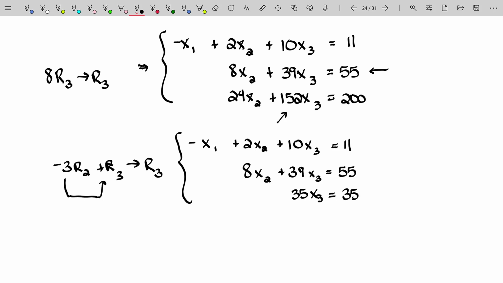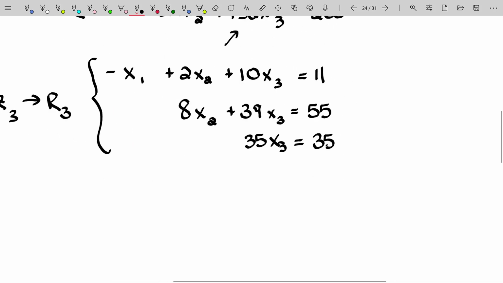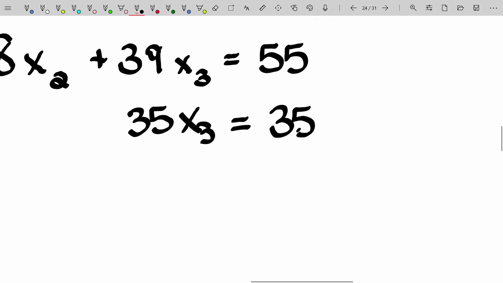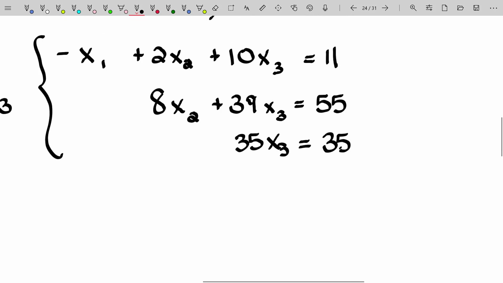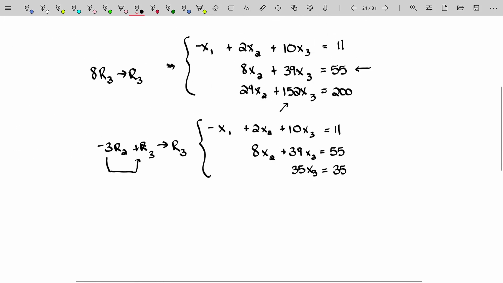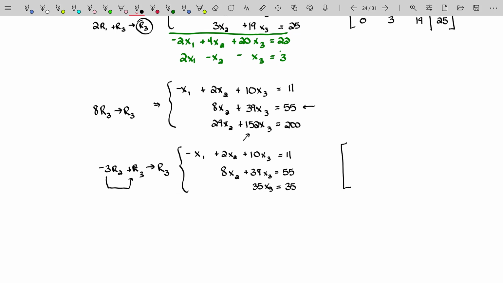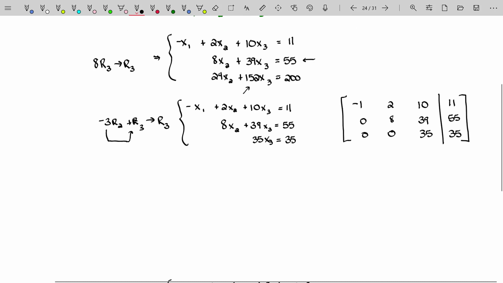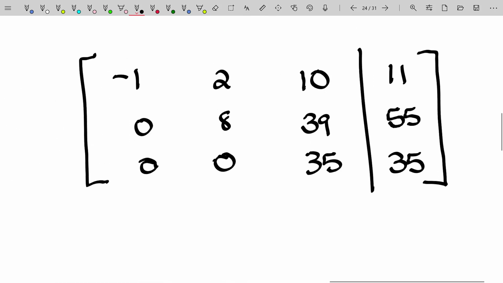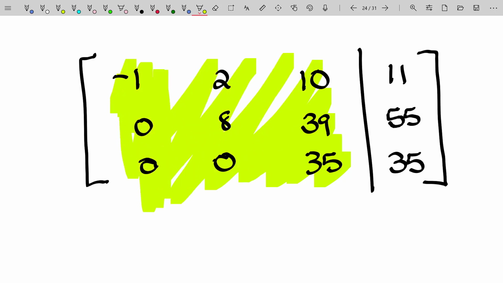Now, to be honest with you, I'm very happy with this look right now because I already see that x sub 3 is going to be nice. 35 x sub 3 is equal to 35. I immediately know what x sub 3 is. But let's go ahead and write the augmented matrix. And look at that beautiful augmented matrix. That is really what we're aiming for. This coefficient matrix right here is in triangular form.